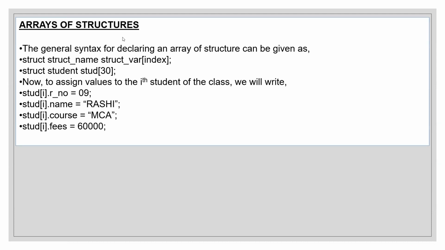Next up, we have arrays of structures. The general syntax of declaring an array of structures can be given as struct struct_name struct_var[index], for example struct student stud[30]. How are we declaring this?